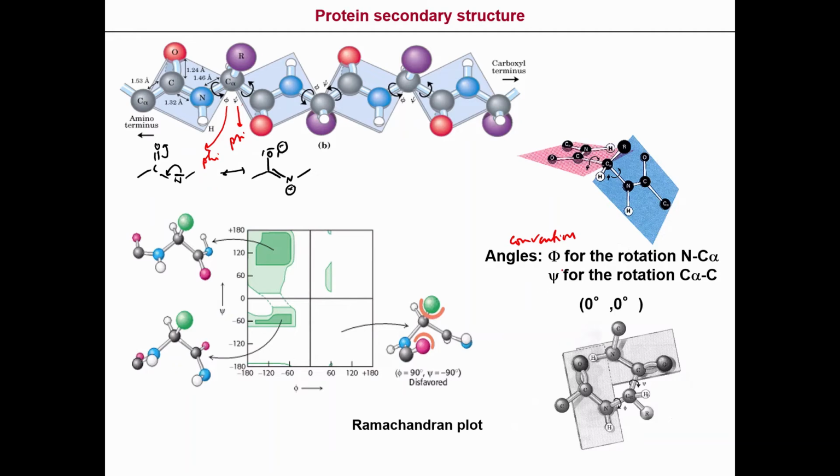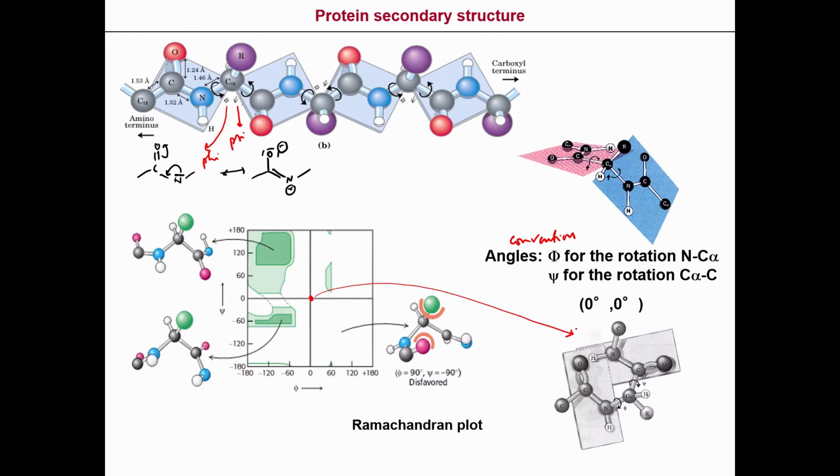So phi is for the rotation between N and C alpha. Psi is for the rotation between the C alpha and the C. And by convention, the 0, 0 point corresponds to this conformation.